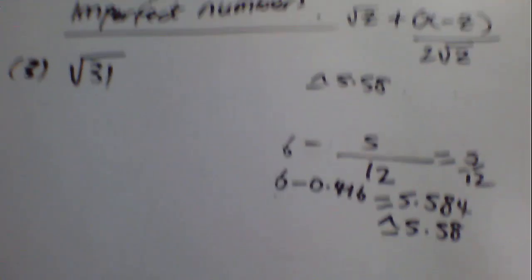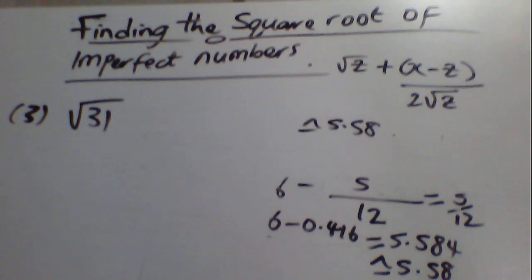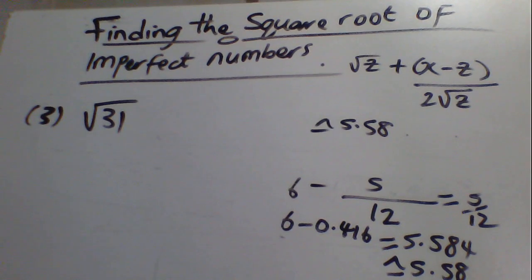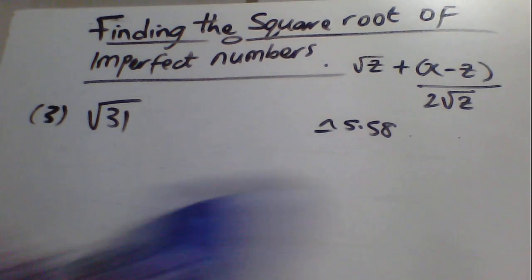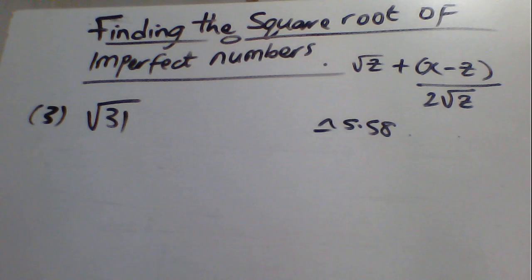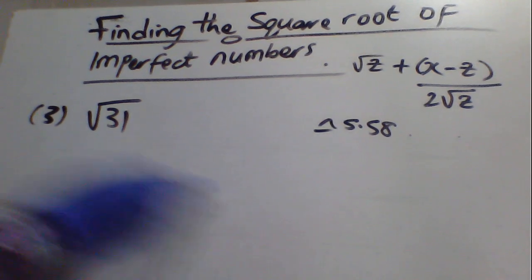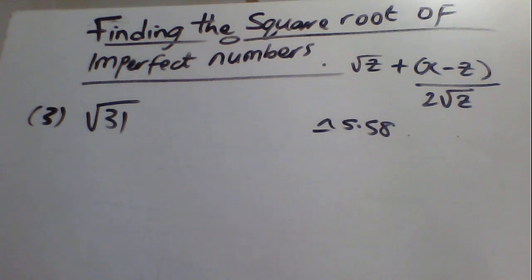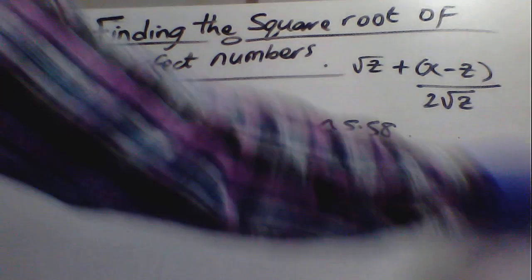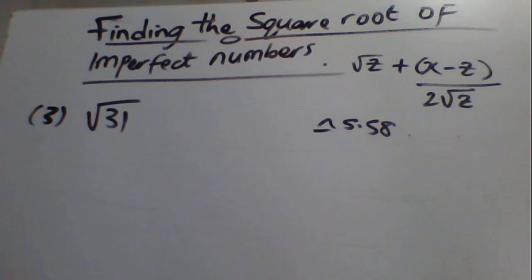But we don't know if this answer is the correct one because of the decimal error. Because it is prone to decimal error, we have to do what? Perform a check. We have to square our answer to find out if our answer is actually correct. That is, to make sure that our answer is correct, we have to square this answer. Test the answer for accuracy.